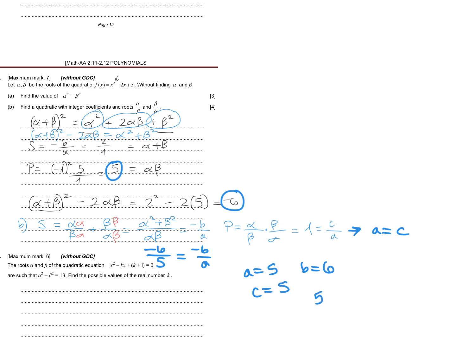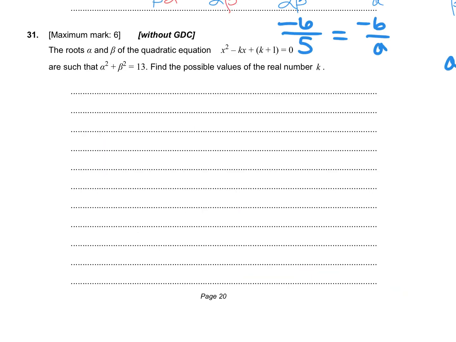So we're going to have 5x squared plus 6x plus 5 equals y. Okay, so this one's similar. The roots, okay, so we're going to have the sum is equal to negative b over a, which is 1, and the product is equal to, it's squared, so it's going to be a positive, and it's c over a.